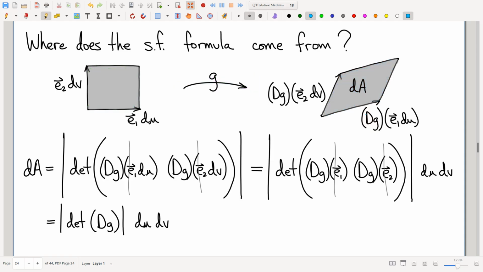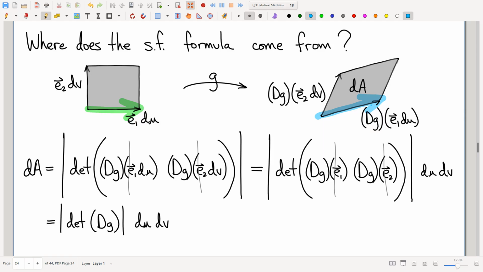First, it's easy to understand how this vector turns into that vector. You can think of this edge of our little rectangle as being a change in the input, and you can think of this edge of this parallelogram over here as being the corresponding change in the output.